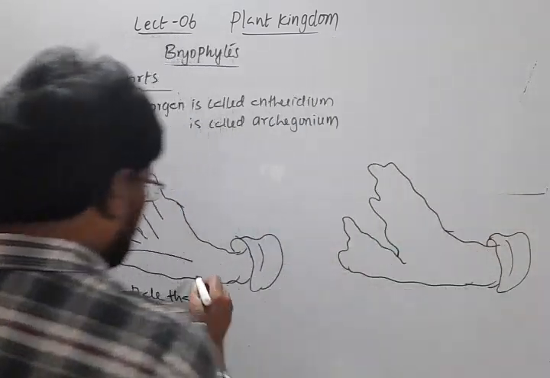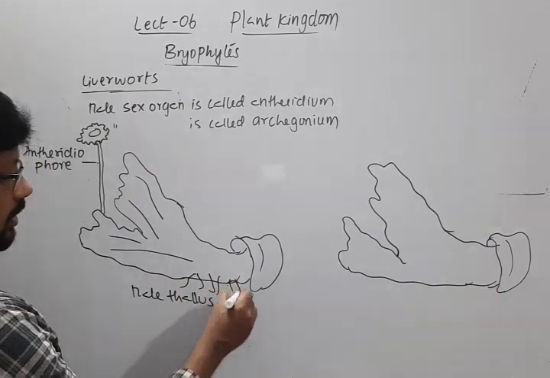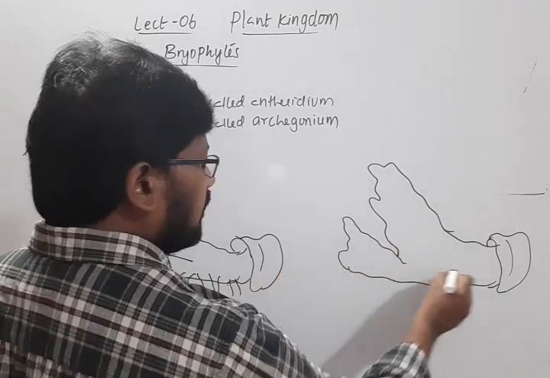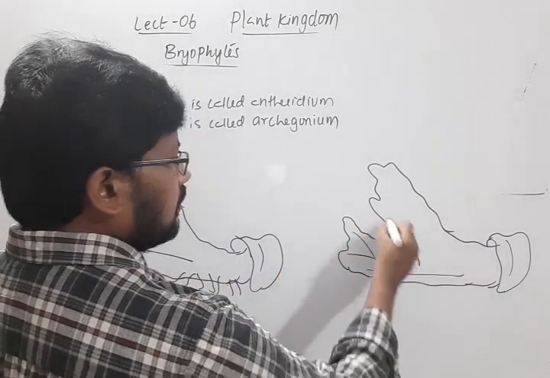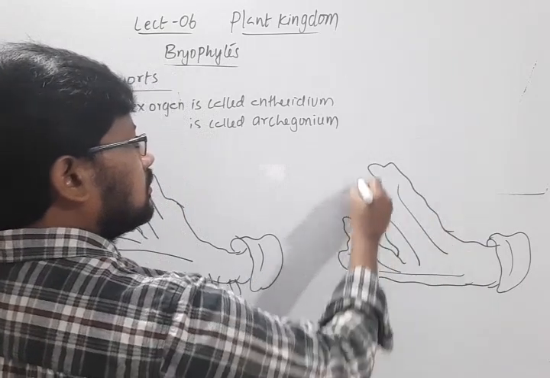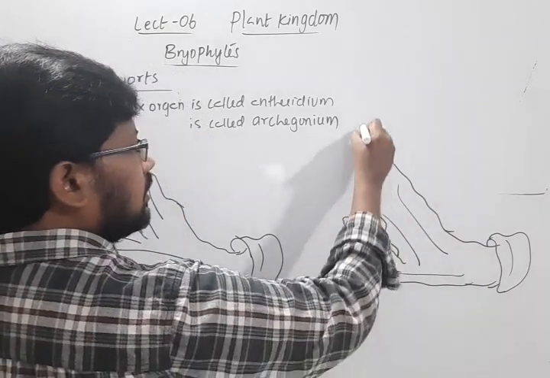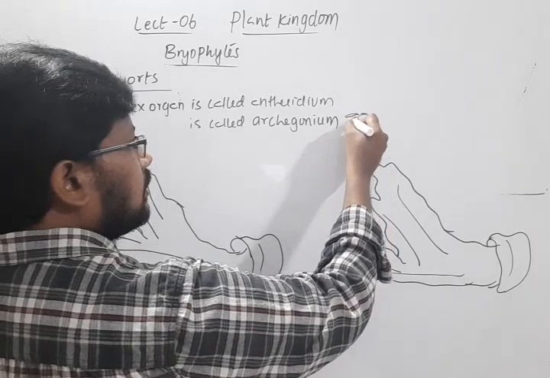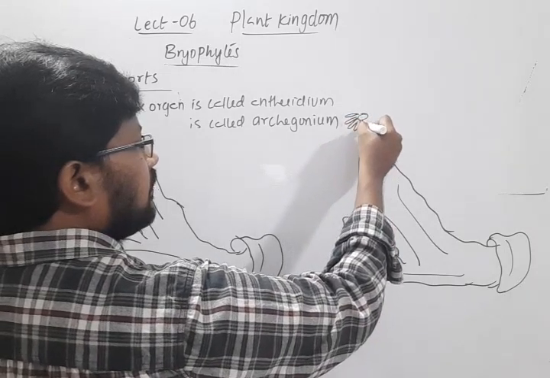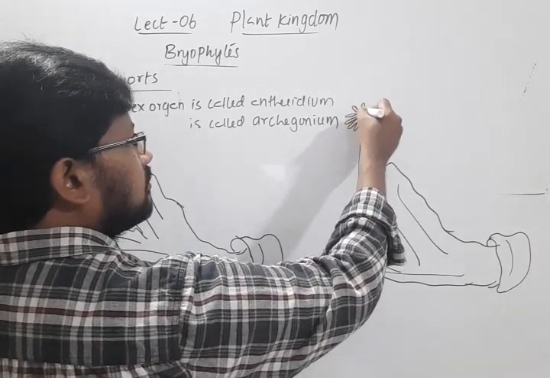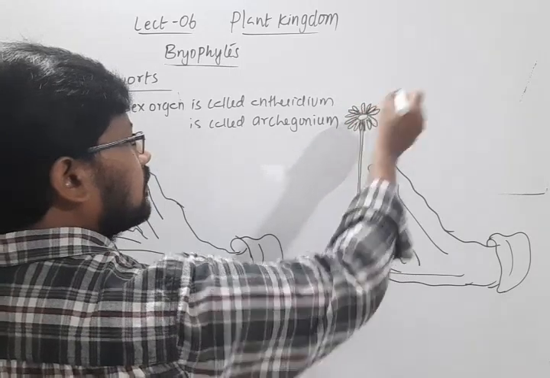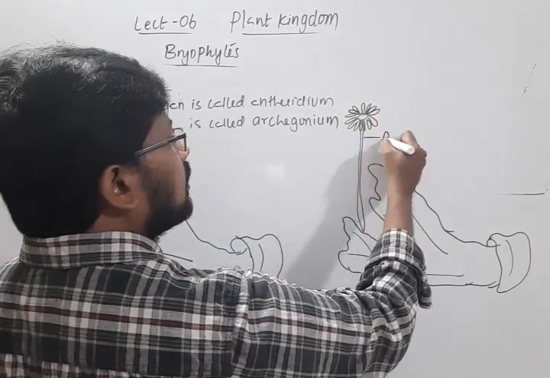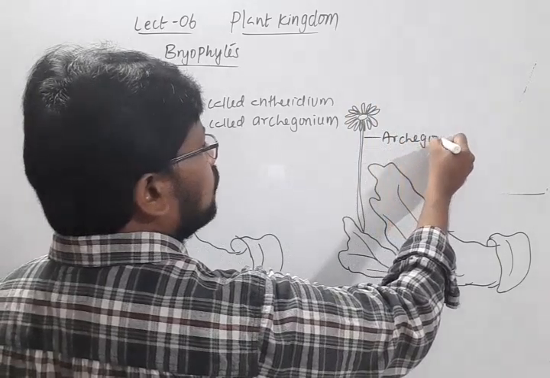Of course, here these are all rhizoids. Here you see another structure like this, which is called archegoniophore.